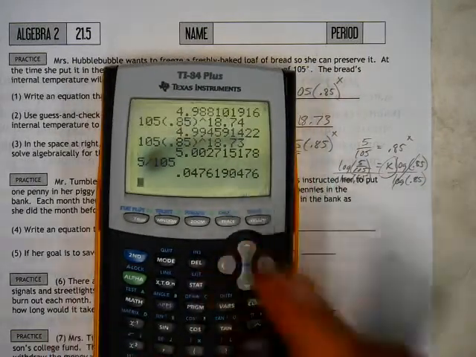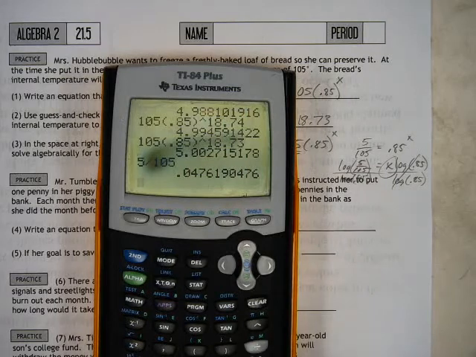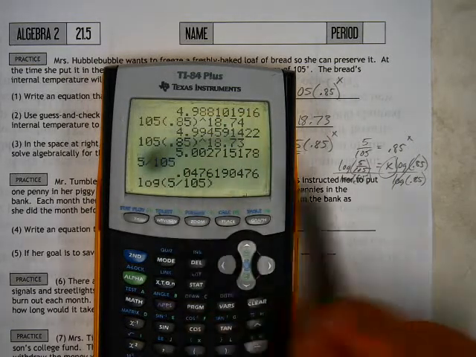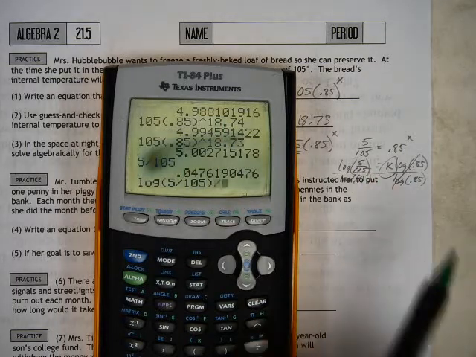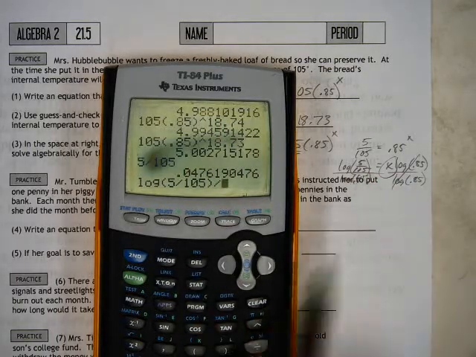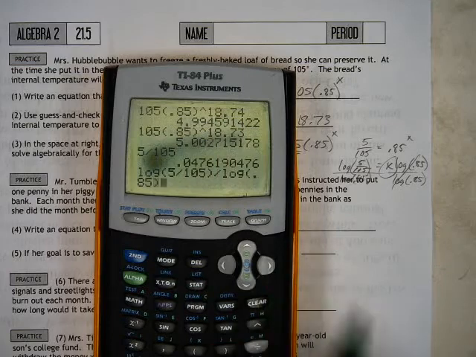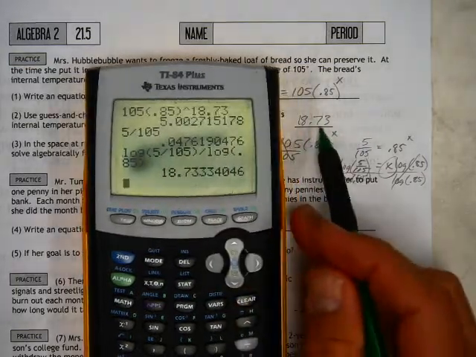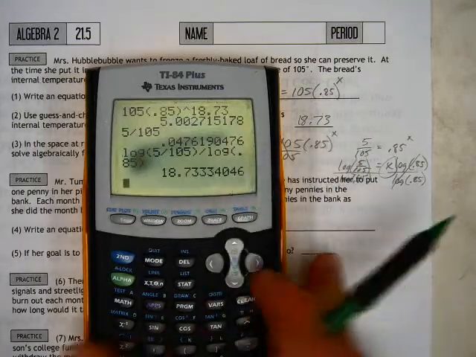It's the log of 5 divided by 105. Close your parentheses around that because that's the numerator. We're dividing that whole thing by the log of 0.85. And if I do that, there's my 18.73, and it goes on, 33333.